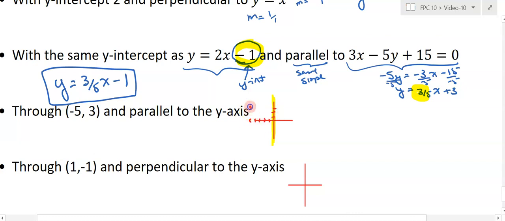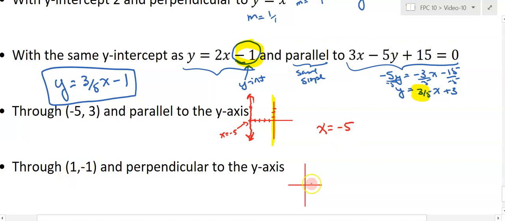So -5, 3 is about there, so it's a vertical line. Since it's parallel to the y-axis, it's cutting through the x-axis where x is -5. So that's the equation of my line. X is -5.